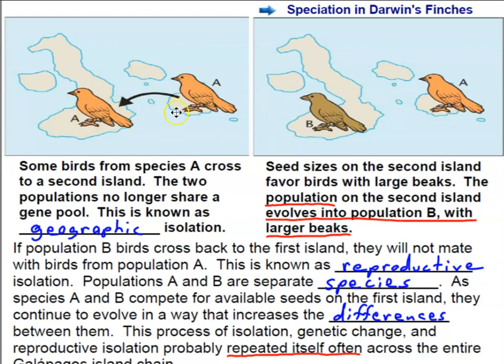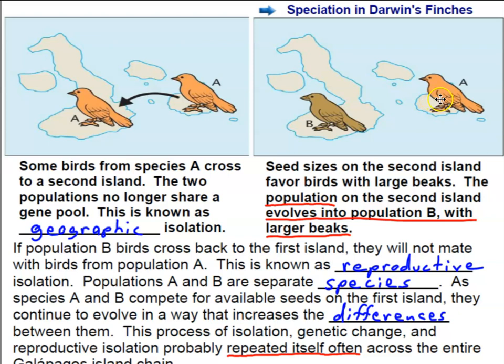And over time, the second population adapted to that island and became a different species, so that even if species B were to go back and try to mate with species A, they wouldn't be able to. They wouldn't be able to produce fertile offspring, and therefore they're separate species.